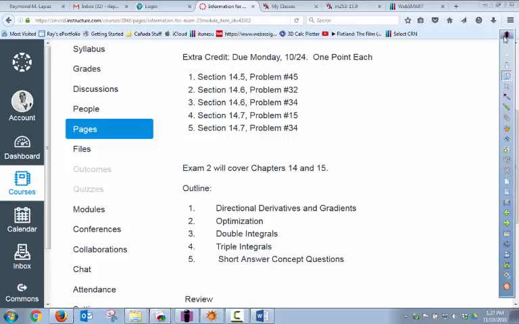At the end of each chapter, Chapter 14 and Chapter 15, there's a concept section and then there are true-false questions. You can look through that to see if you can answer those concepts, and those are the kinds of things that I would be looking to put here.